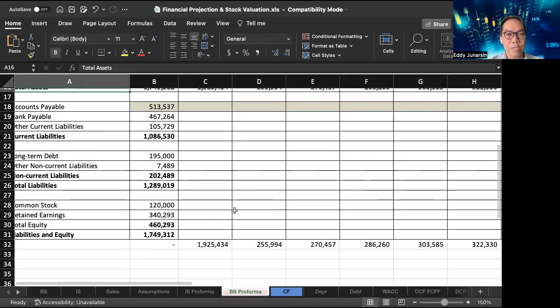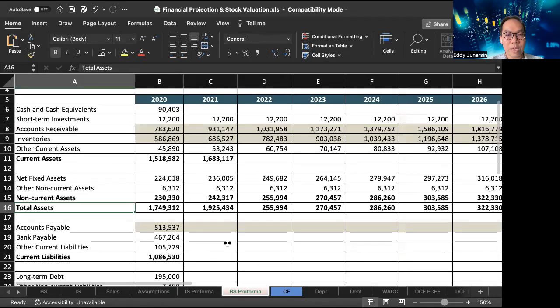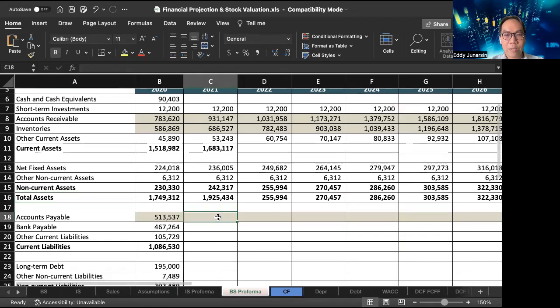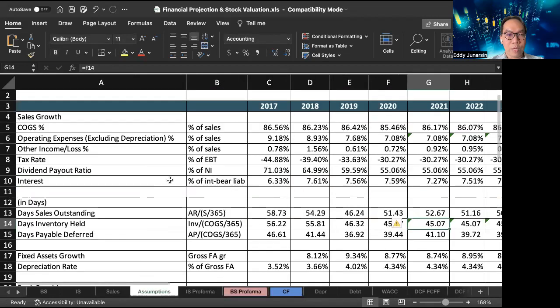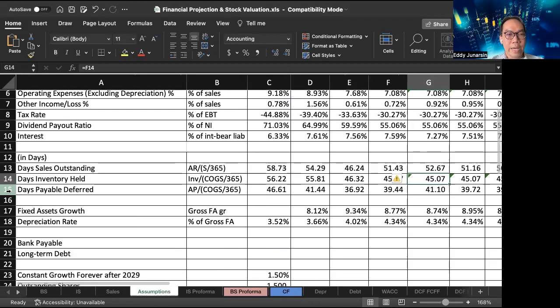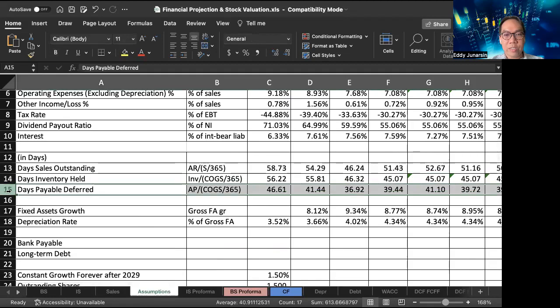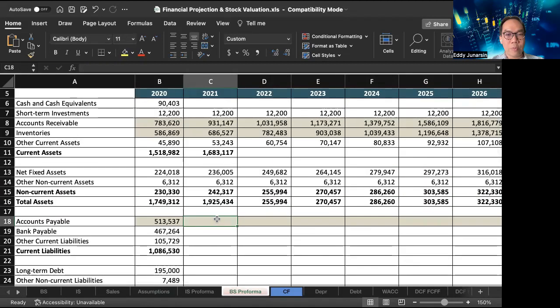So what about the liabilities and equity side? We'll do the same thing here. Accounts payable. Remember accounts payable, we got the assumption, days payable deferred. This is the driver for the accounts payable.